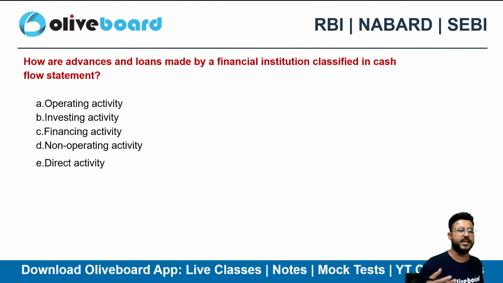How are the advances and loans made by financial institutions classified in the cash flow statement?